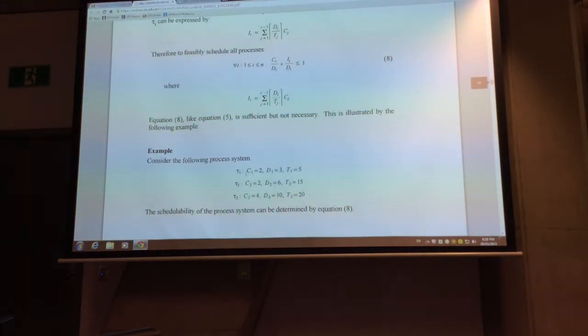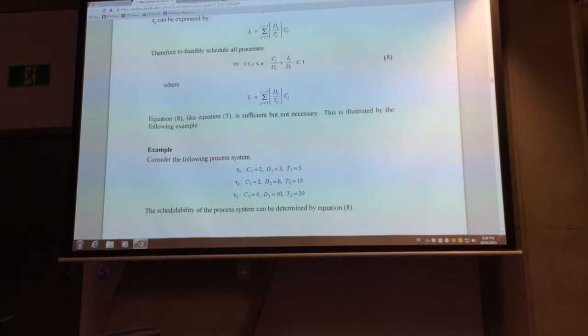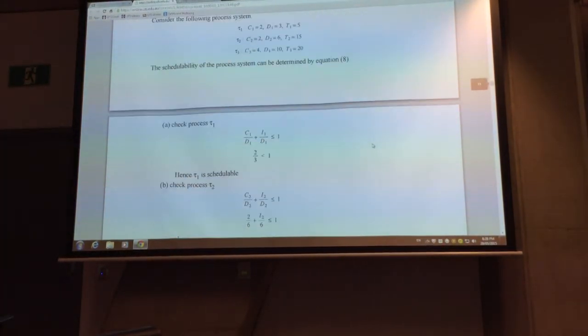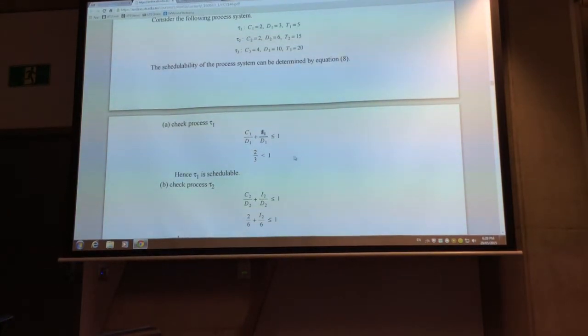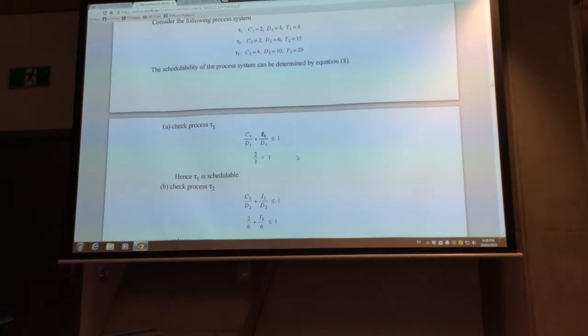And we'll test that. So this time around we've got three tasks, T1, T2, T3. Pre-period deadlines every time again. Let's see how equation 8 here can be used to evaluate the schedulability of this set of tasks. Again, the interference factor for task 1 is always 0, so simply 2 over 3 is less than or equal to 1.